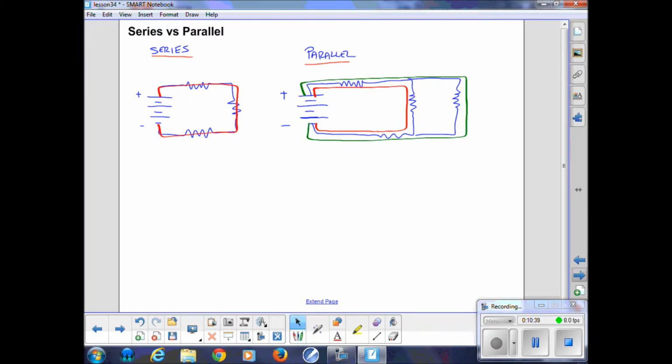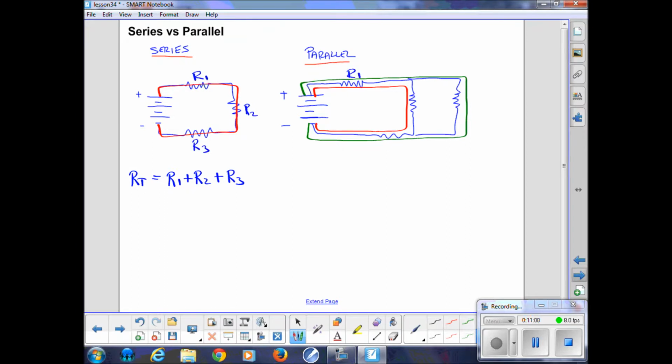So parallel means that there is more than one pathway that exists within the circuit. Okay? For this one here, you would just add up your total resistance, R1 plus R2 plus R3. And that would give me my total resistance.